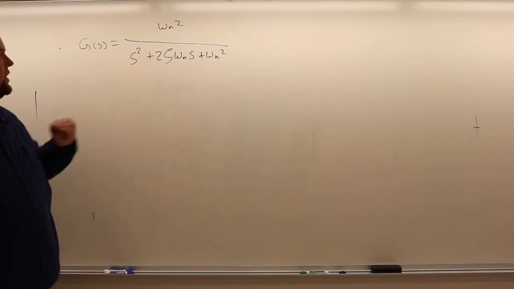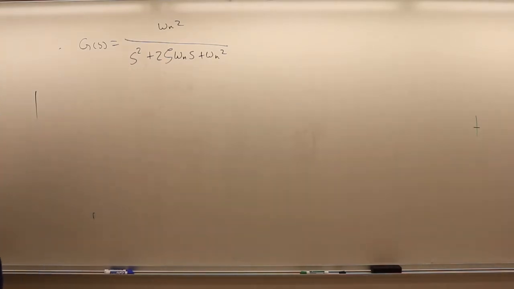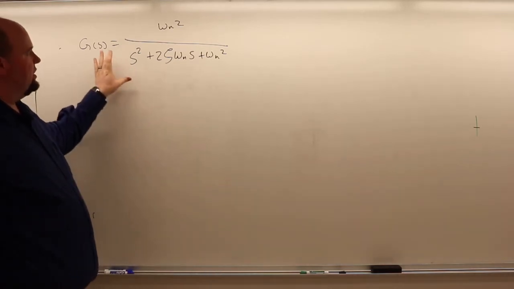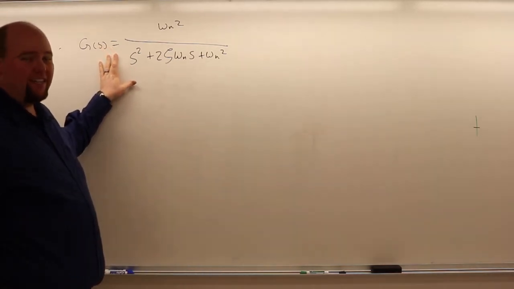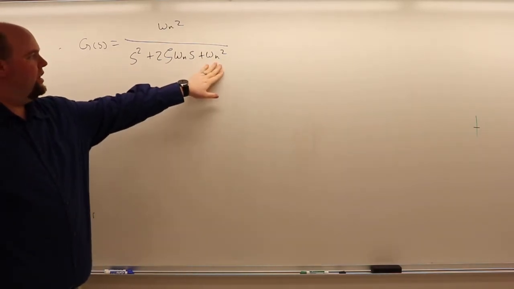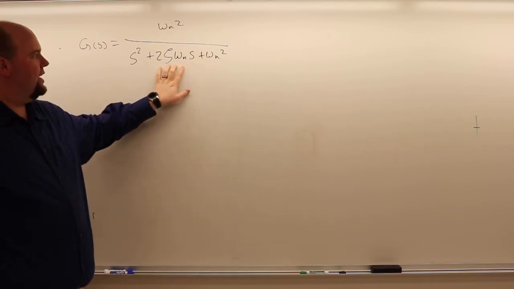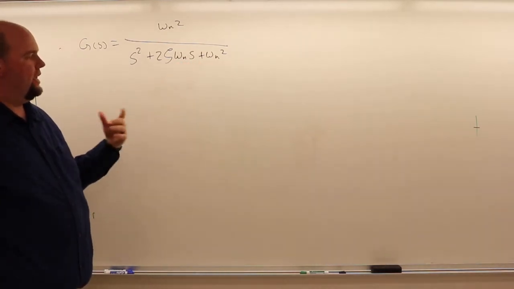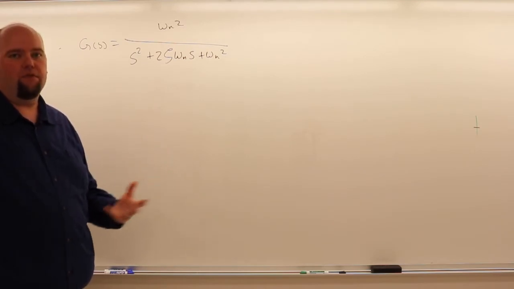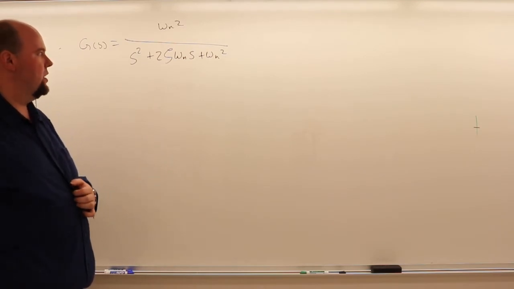No coefficient in front of the s squared term is very important for doing this analysis. None of this works if you have some term here. What you have to do is massage your transfer function into this form. Once it is in this form, you can pull out the natural frequency, you can pull out zeta, and you can identify the type of response that this is and the nature of this response.